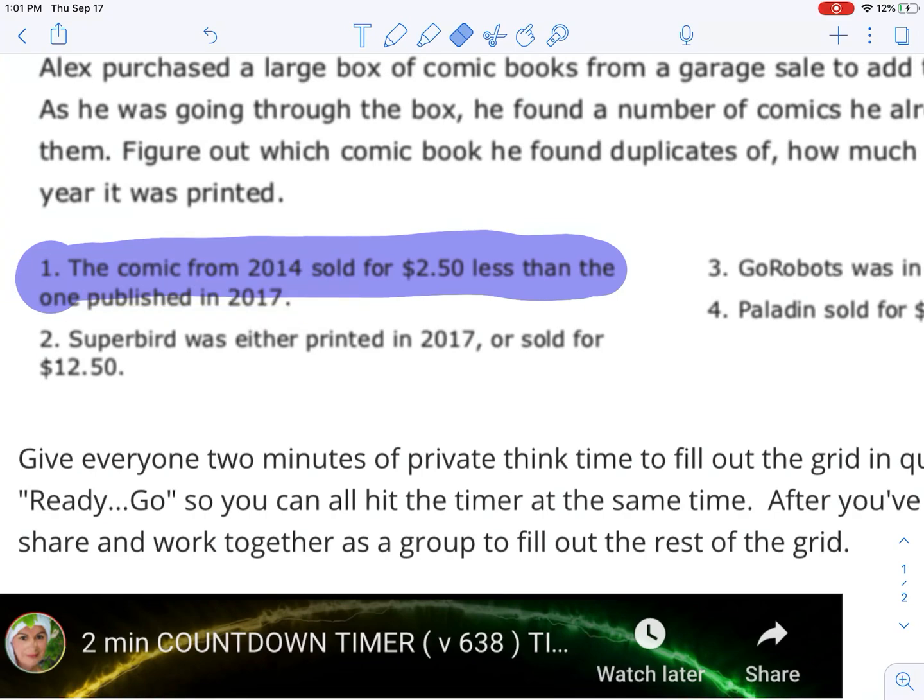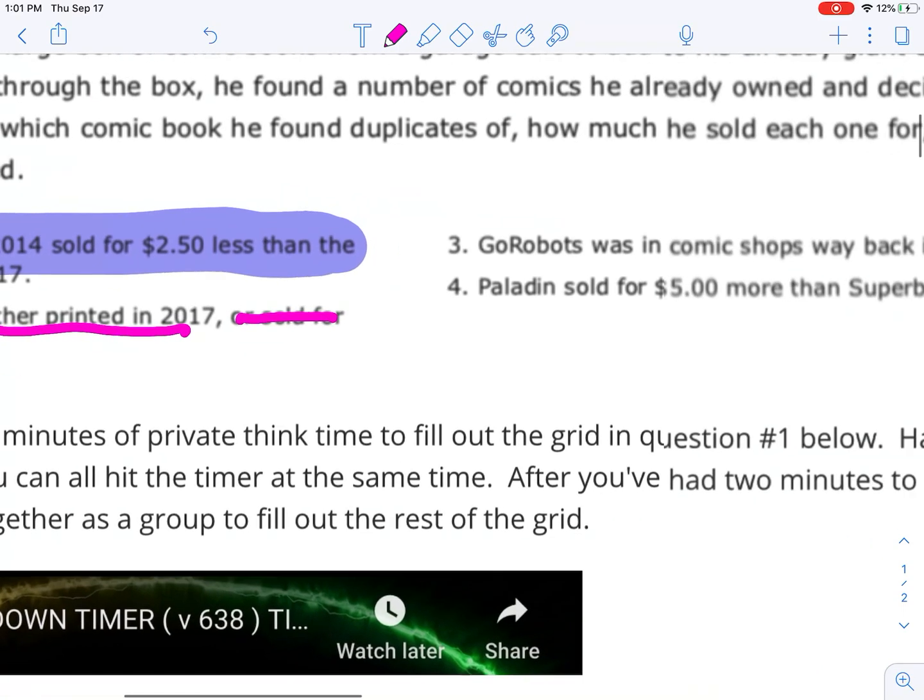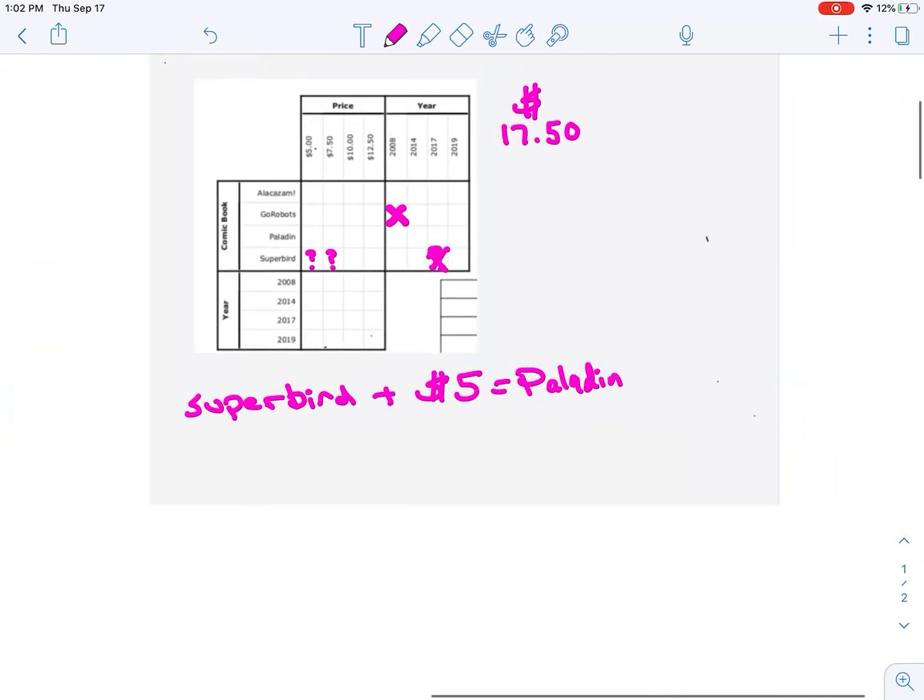Well, what was the one published in 2017? Remember this? It was Superbird, okay? So this comic from 2014 is $2.50 less than Superbird.